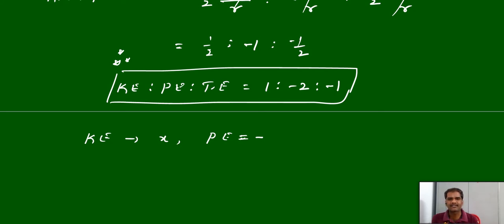In case of potential energy and total energy, we have the negative sign, whereas in case of kinetic energy, we have the positive sign. If KE is equal to x, then ultimately PE is equal to minus 2x. Like this, they may give some numerical value. For example, the kinetic energy of an electron is 10 joules or 10 calories, or some electron volts. Then what is the potential energy? It may be minus 20. Like that, calculations can come.